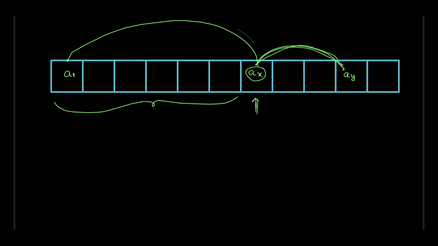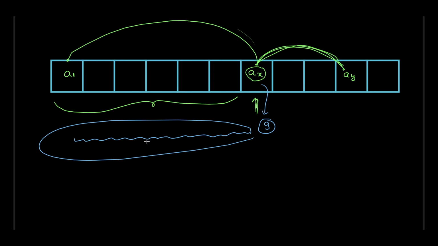So in this manner, you can see this element, and suppose that this element is 9, then if there is any element that is greater than 9 on the left hand side, then that element and this element will be inverted, right?